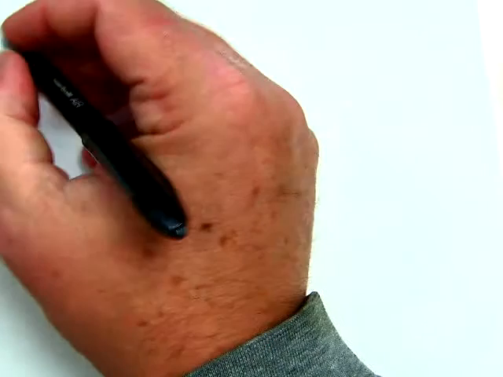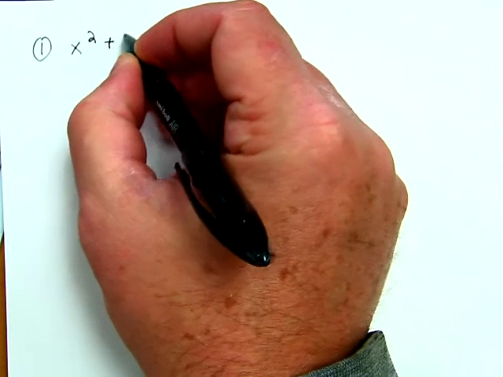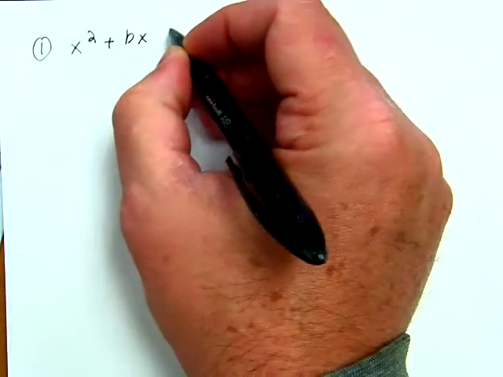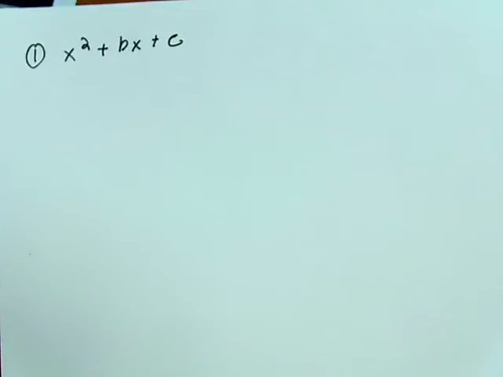We have example 1. What happens in example 1 when I have an expression in this format: x squared plus bx plus c.